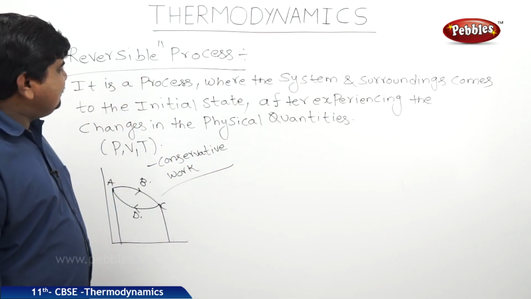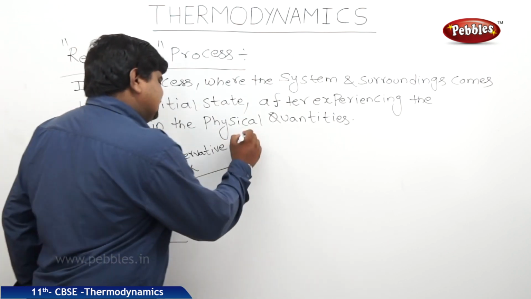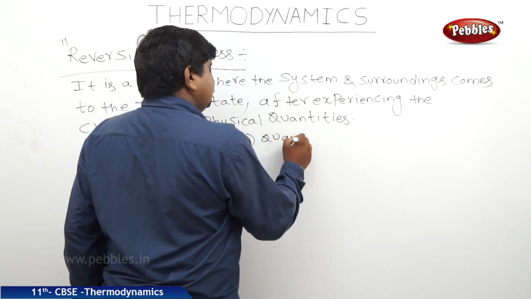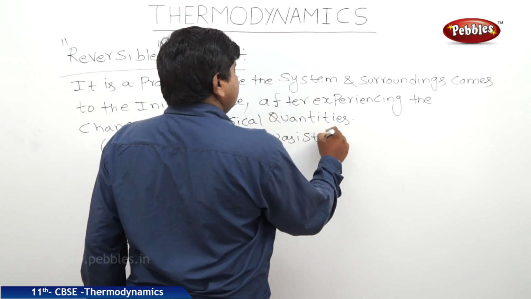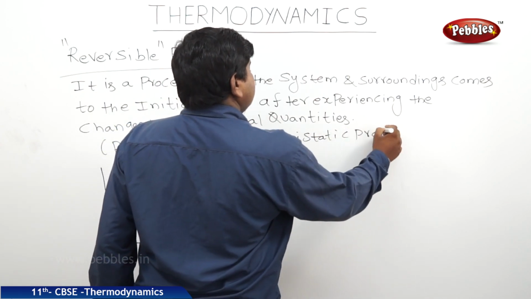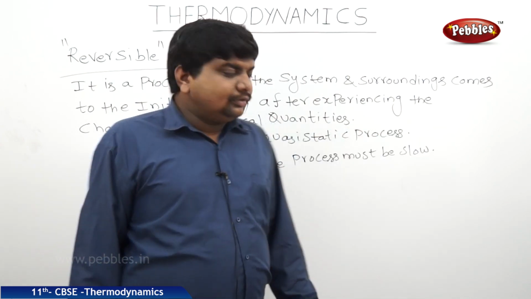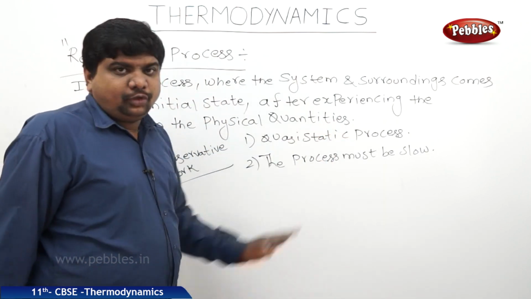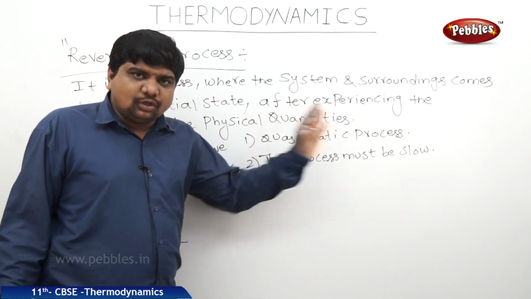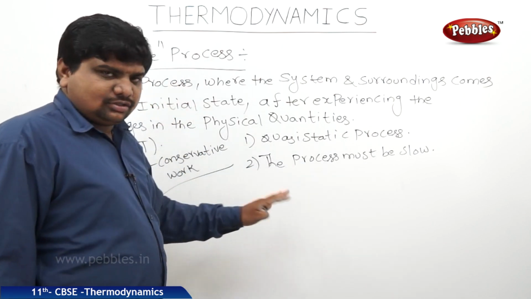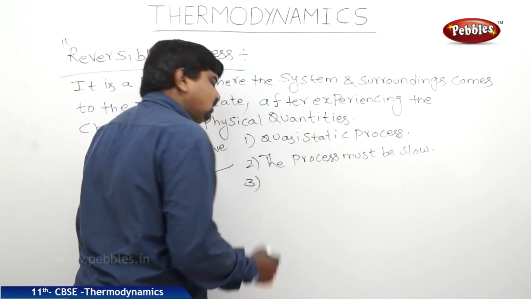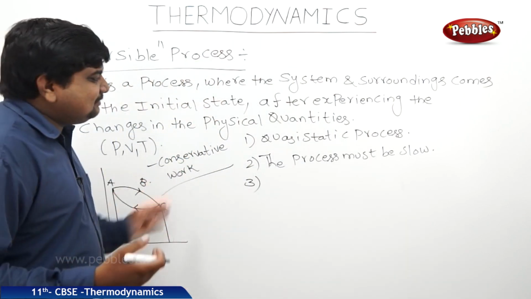The best reversible process we can experience is the quasi-static process. So this process must be slow. One, it should start with a slow nature and the ending is also slow. And third, there is no net heat energy exchanged.